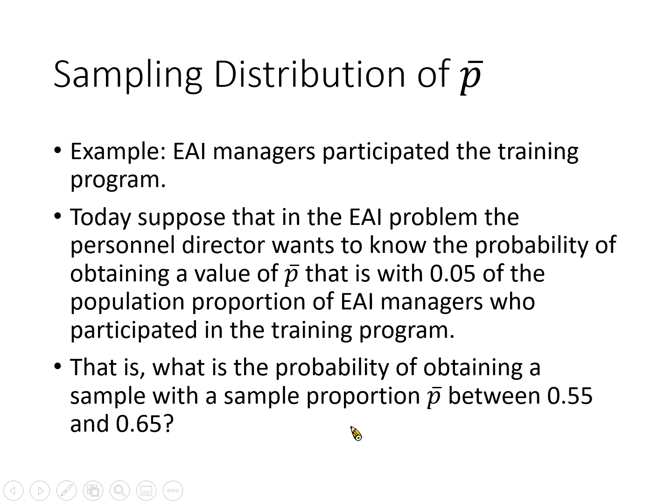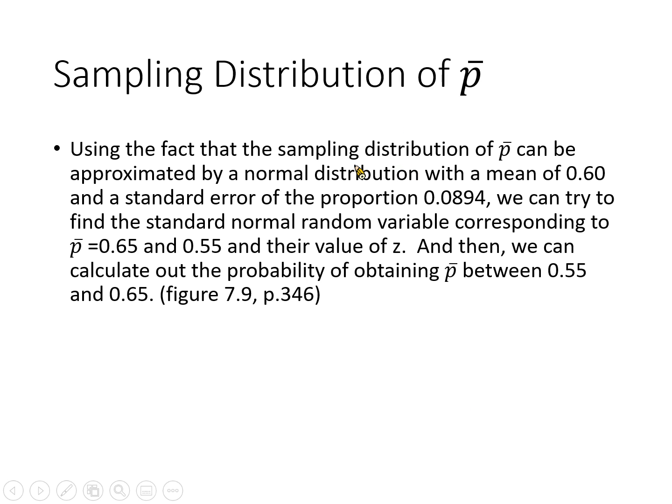You can also use the EAI managers participating in the training program example to calculate results. For example, what is the probability of obtaining a sample with a sample proportion p-bar between 0.55 and 0.65? You can use the sampling distribution of p-bar. Per your textbook, assume it is normal with a mean of 0.60, and the standard error has been calculated as 0.0894.